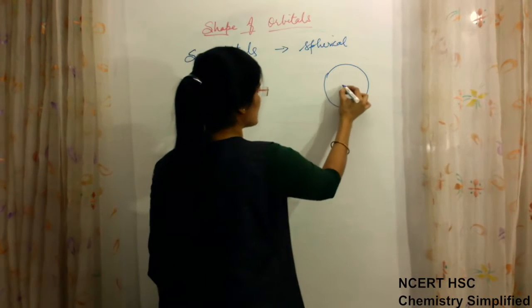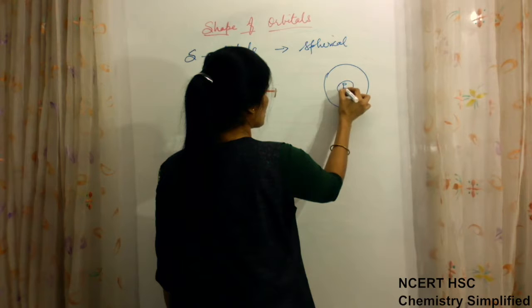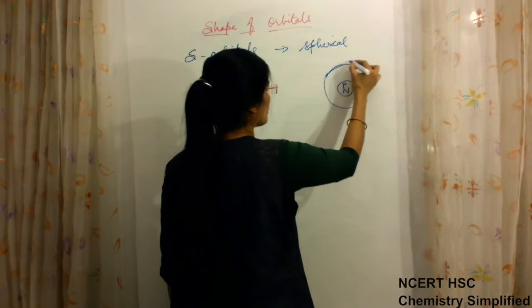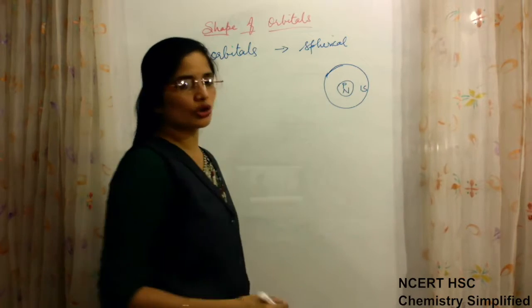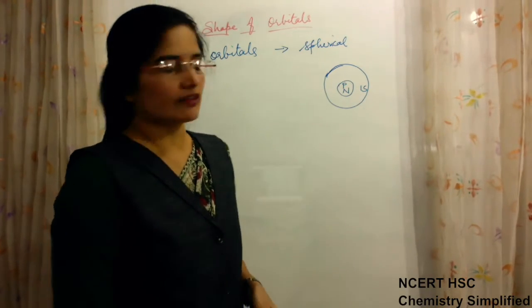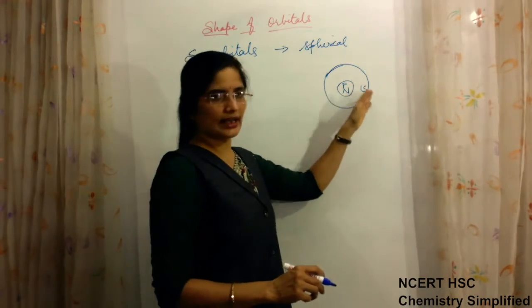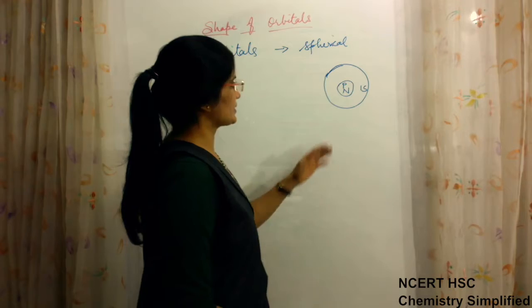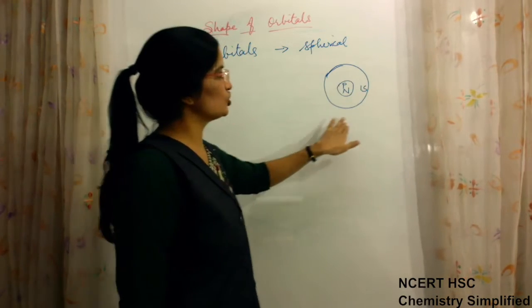Suppose this is the nucleus inside, where protons and neutrons are present, and this is one s orbital present around the first shell. The first shell has the subshell s, and it has one orbital, that is s. So this is spherical in shape.